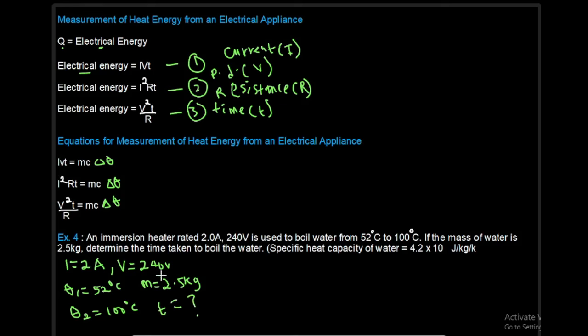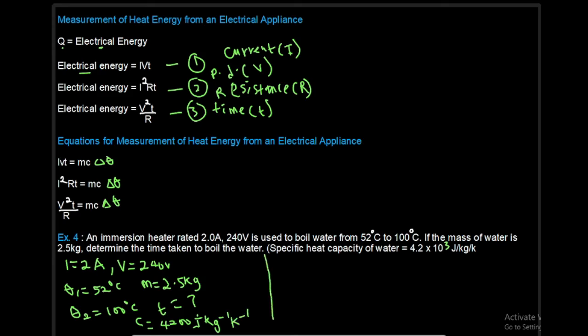They also gave us the specific heat capacity, 4.2 times 10 raised to power 3 joules per kilogram per Kelvin. That's the specific heat capacity of water, so we can just write it as 4,200 joules per kilogram per Kelvin.